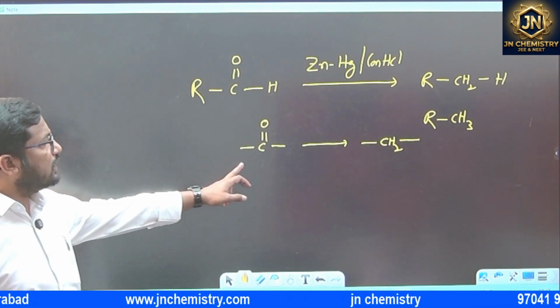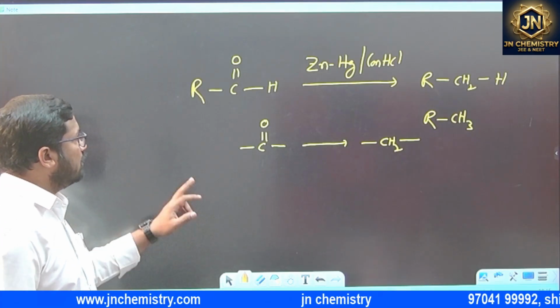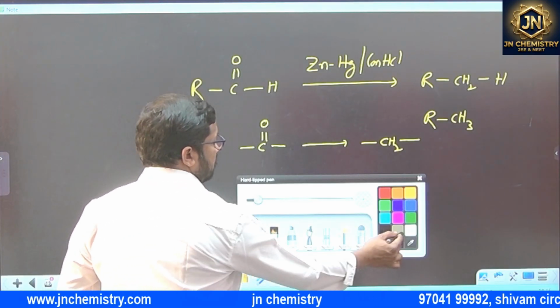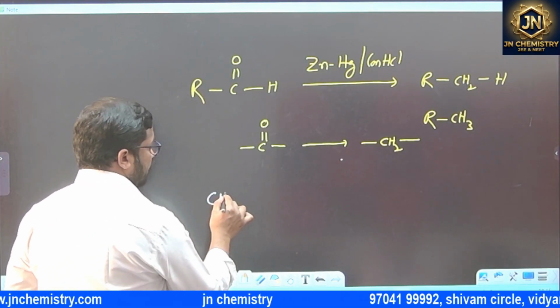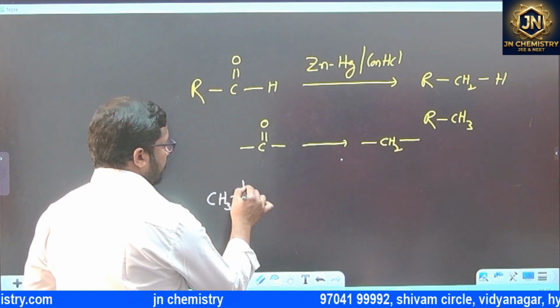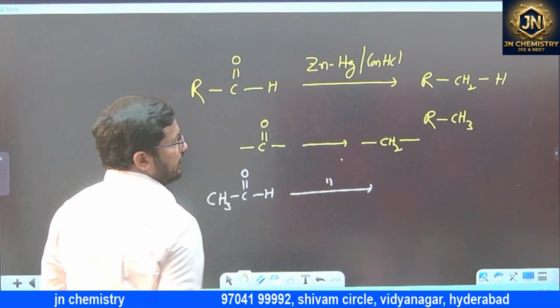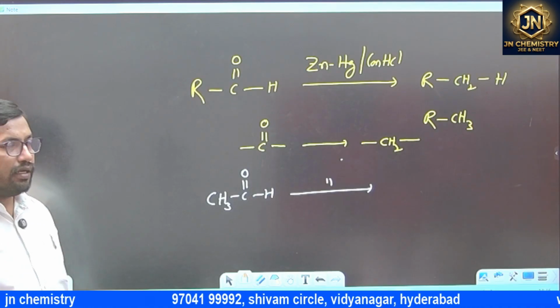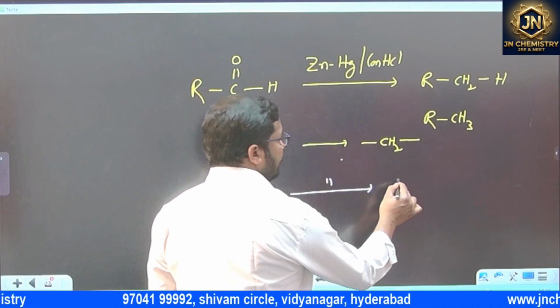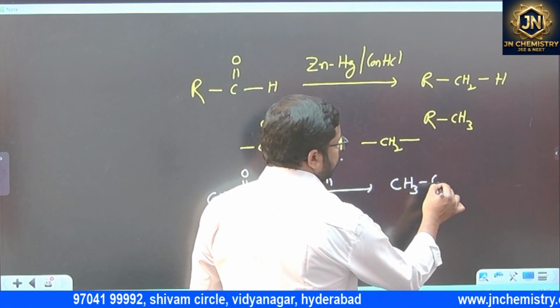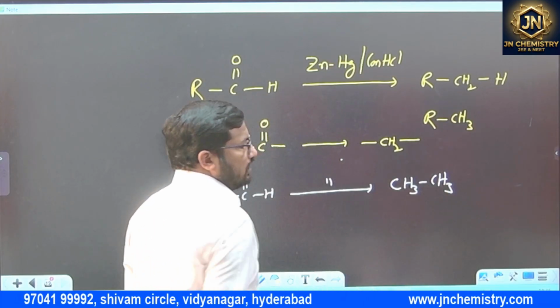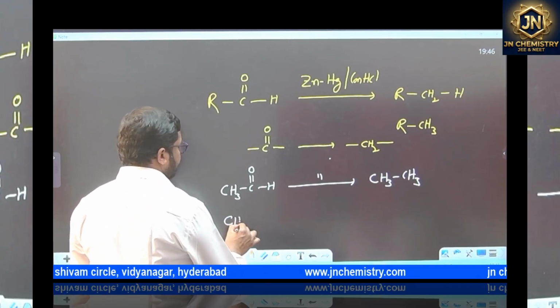C double bond O is converting into CH2. For example, CH3CHO, using the same zinc amalgam in presence of concentrated HCl, will get ethane. Write it down. You can also take a ketone.